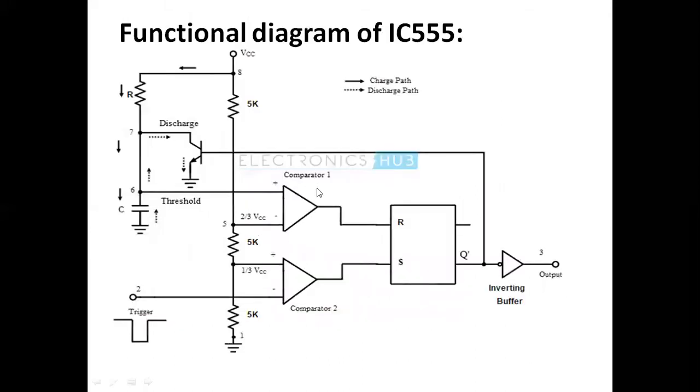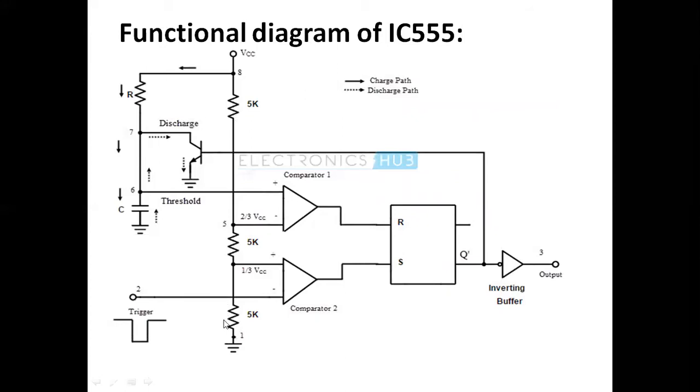Here we have the functional diagram of IC555. Already we know IC555 internally consists mainly of the voltage divider network. Here we are applying the DC voltage VCC. This voltage is divided equally between these three resistances.